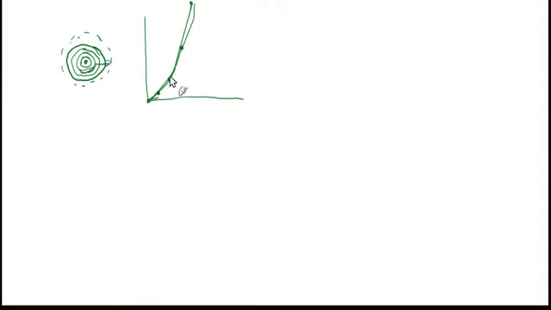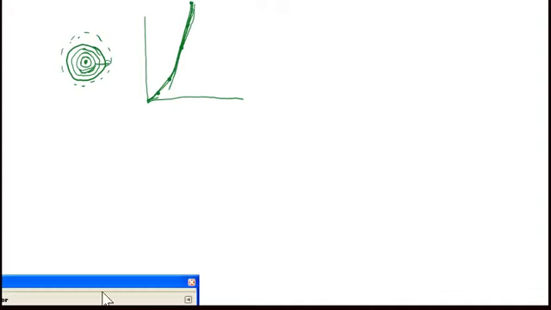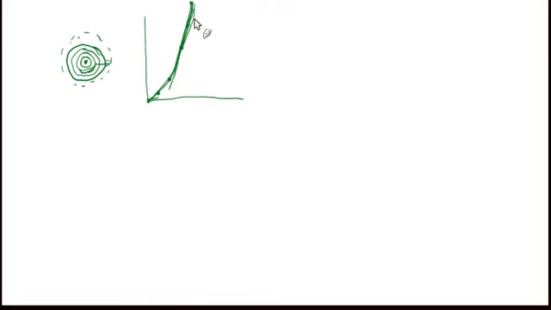And if I wanted to know how fast the area is changing in any moment, I should think the slope of the tangent line. The slope of that tangent line is how fast the area is changing with respect to time.